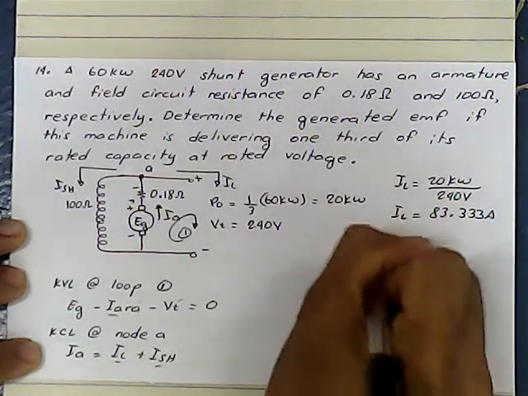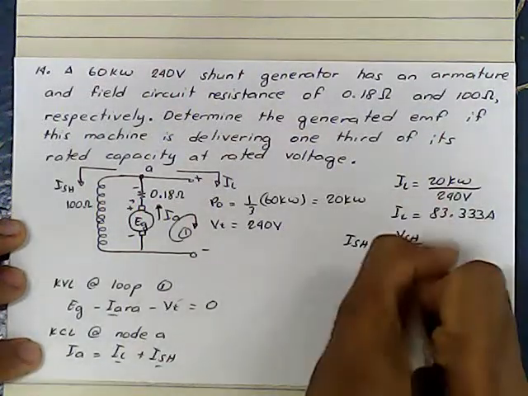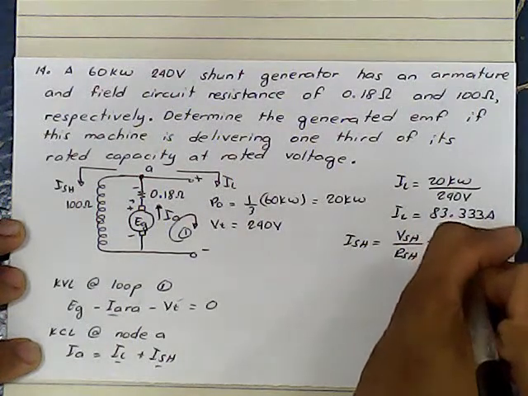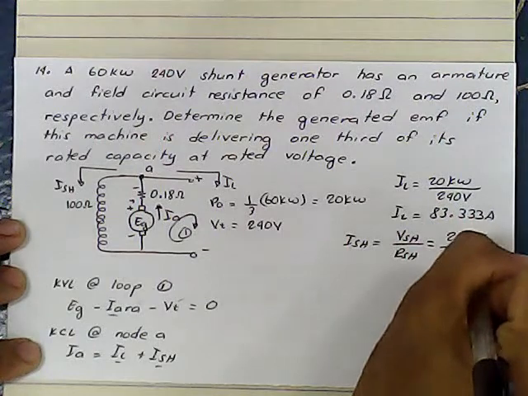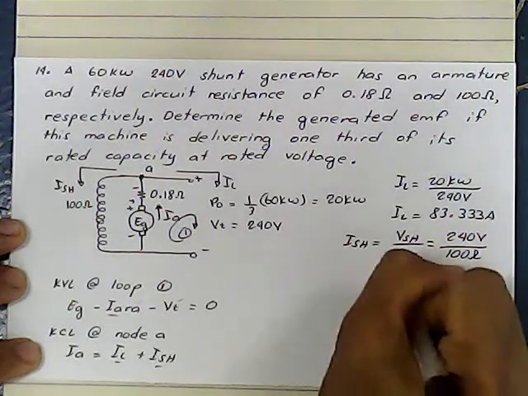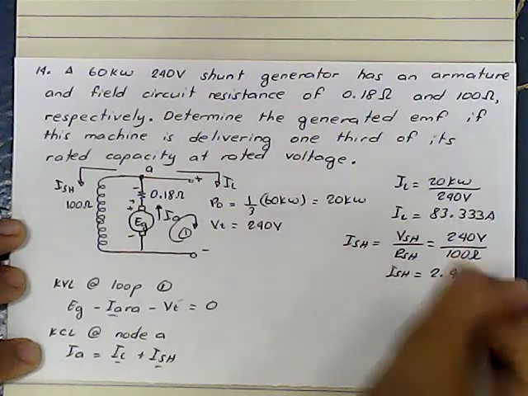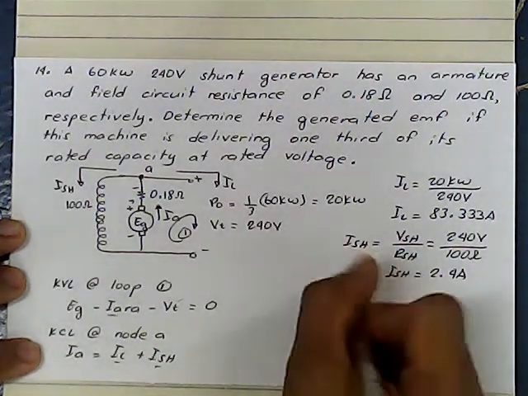Wherein our ISH is VSH over RSH. So, bibigyan niya tayo dito ng 240 volts. Divide this by 100 ohms. So ISH natin is 2.4 amperes.